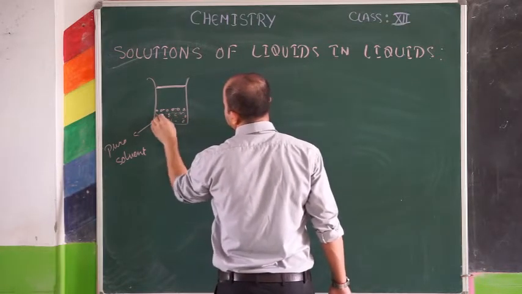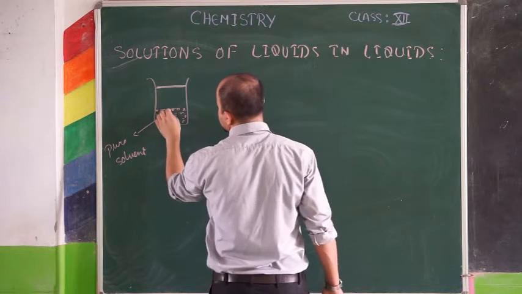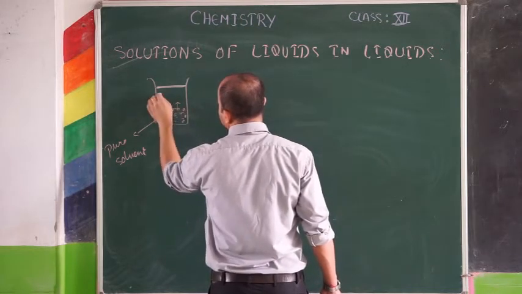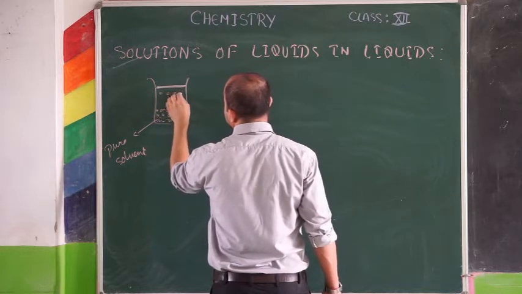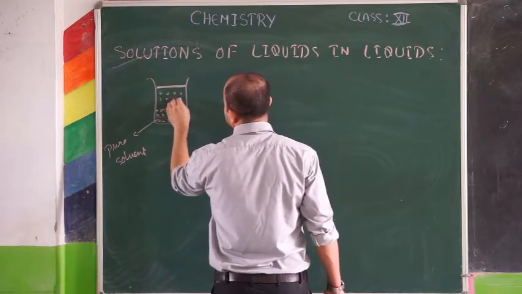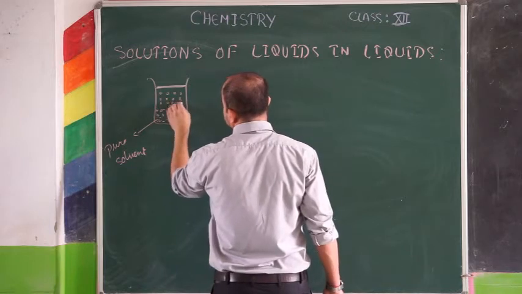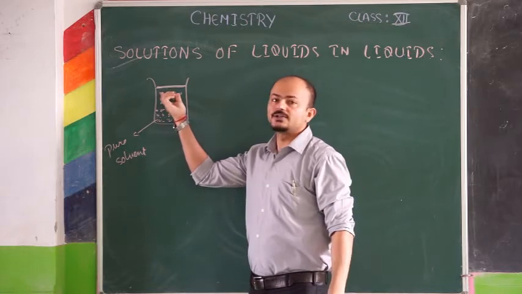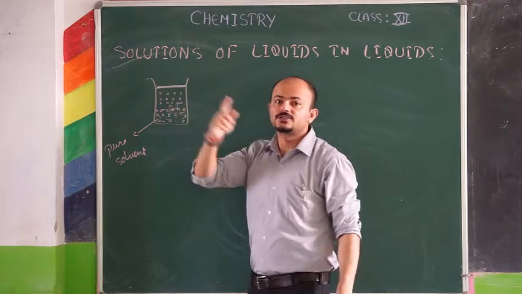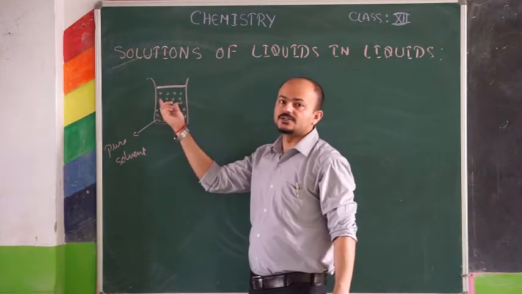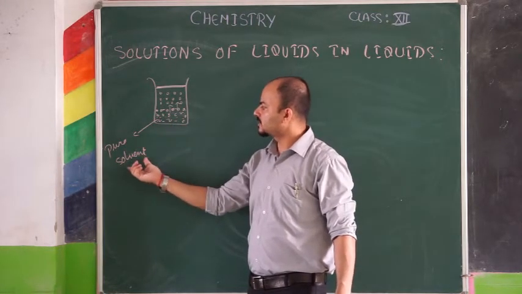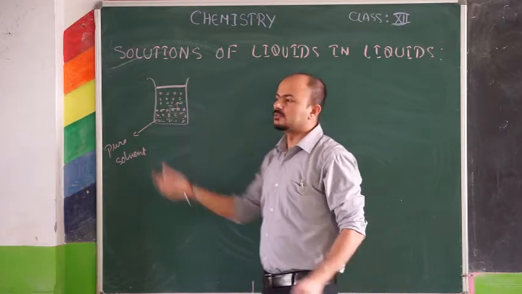Whenever it gets converted into the vapor phase, some of the molecules will be going into the gaseous phase. The pressure exerted by these molecules in the vapor phase at equilibrium is known as what? Vapor pressure. Since only pure solvent is present, its vapor pressure will be high.